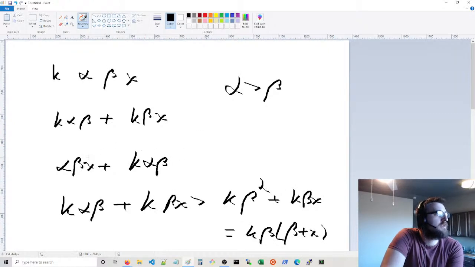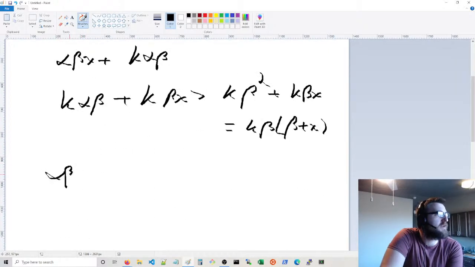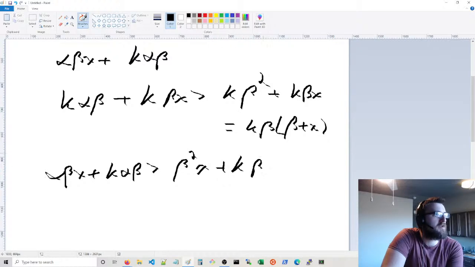Something like that. And then if we say alpha beta x plus k alpha beta, that's going to be greater than beta squared x plus k beta squared again.